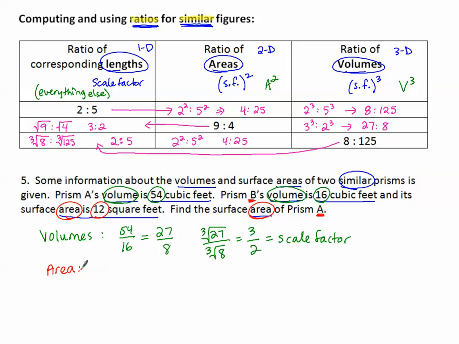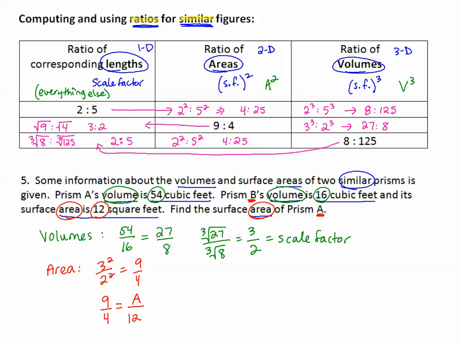The areas, take our scale factor, square it. 9 to 4. Now we can make a proportion with that ratio. 9 to 4, and then the area of prism B is 12. The area of prism A, we don't know it. So let's call it A.